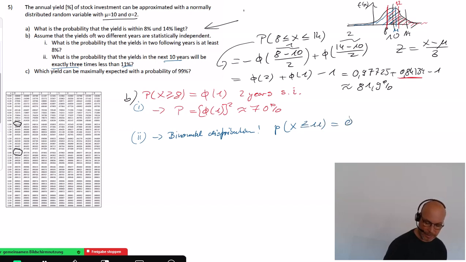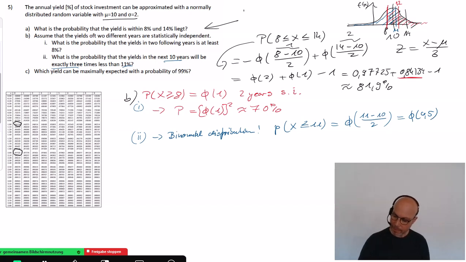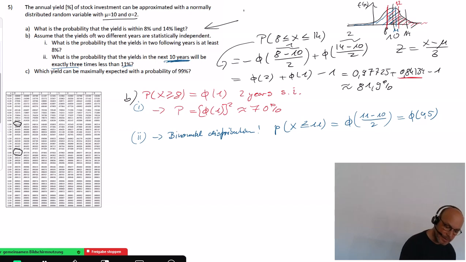And this is phi of 11 minus 10 over 2 is phi of 0.5. And 10 years, this means n is 10. Exactly 3 times means k equals 3.